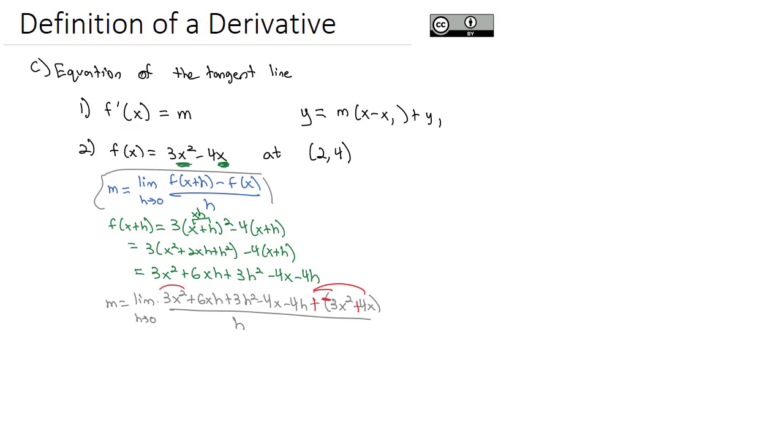Then simplifying, I see we've got a 3x squared and a negative 3x squared. I see we have a negative 4x and a positive 4x, which means all that's left is the limit as h goes to 0 of 6xh plus 3h squared minus 4h all over the h. Again, we want to remove the discontinuity by factoring out the h.